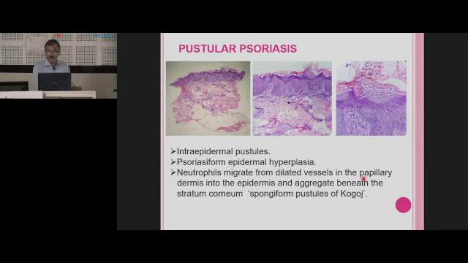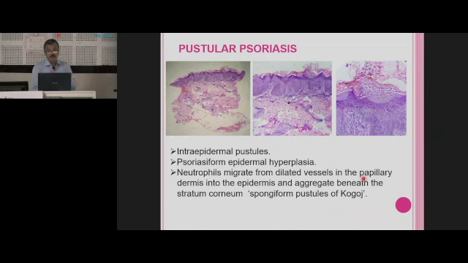It's widespread eruptions of sterile pustules. It is acute form where the intraepithelial pustules are seen.